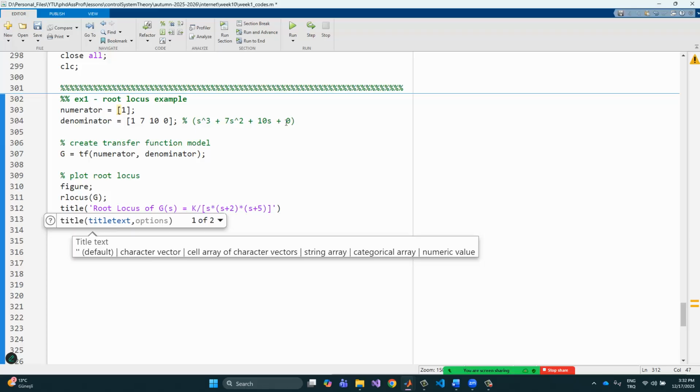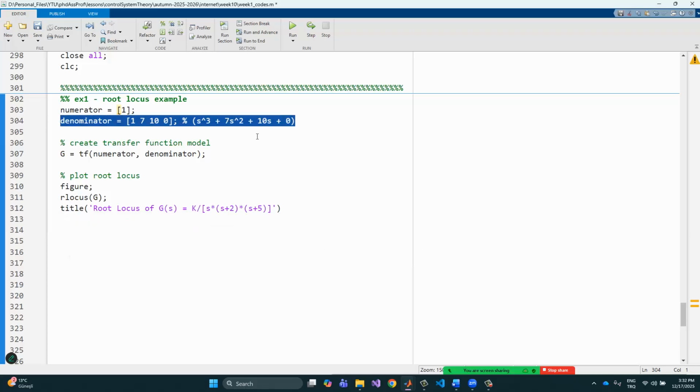K is the changing value here, because this system equals this one. Okay, and grid 1 can be given in here.